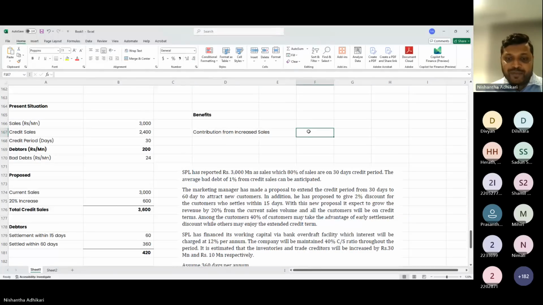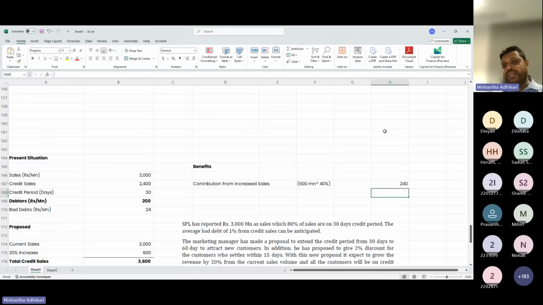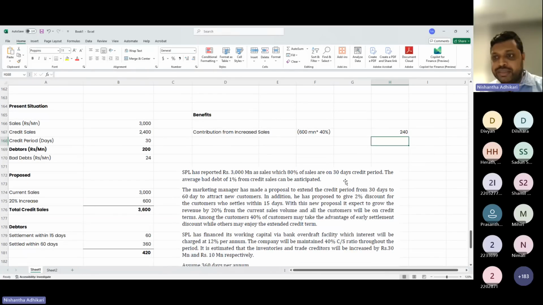What is the contribution from increased sales? 600 million, your turnover went up. Contribution to sales ratio 40%. Then if I work it out, 600 million into 40%, it is 240 million. That is the benefit you received.